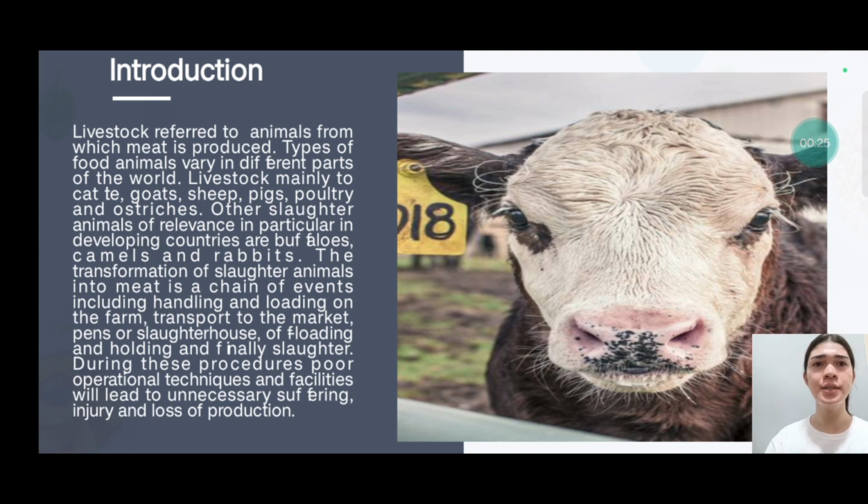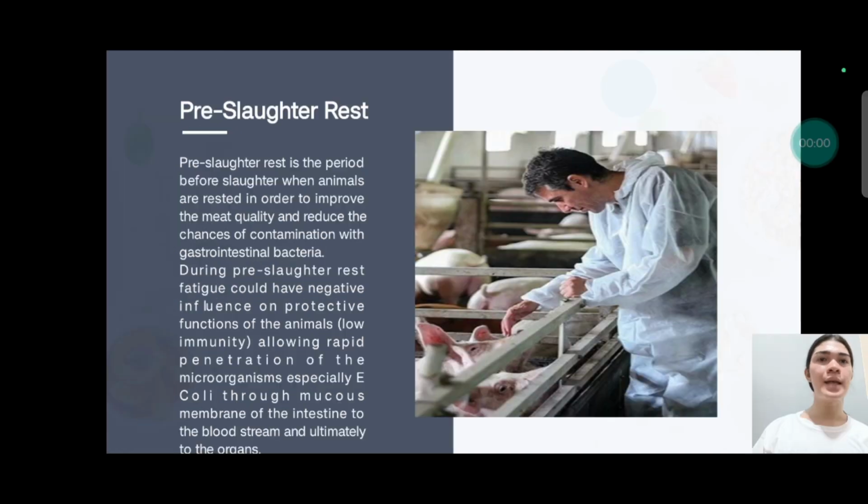The transformation of slaughter animals into meat is a chain of events, including handling and loading on the farm, transfer to the market, pens or slaughterhouse, offloading and holding, and the final slaughter. During this procedure, poor operational techniques or facilities will lead to unnecessary suffering, injuries, and loss of production.